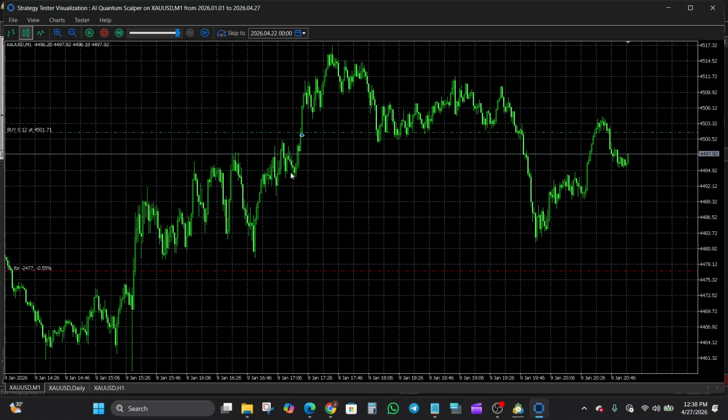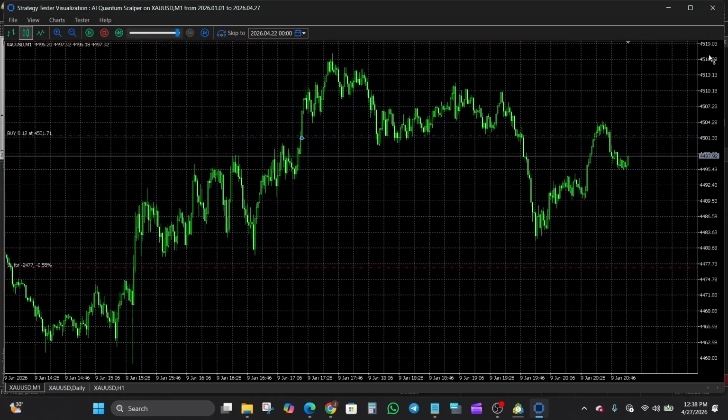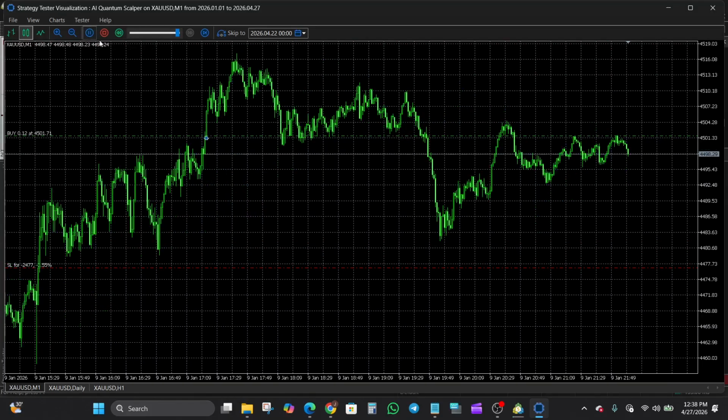So right after that, the buy position was executed. We can also see that the stop loss has already been set, alongside the take profit. All right, and we're having almost a 1-to-1 risk to reward ratio. You can see the take profit is about 23.76 and the stop loss above 24.77, right? So the risk to reward is not exactly excellent, but well, let's just continue the test.